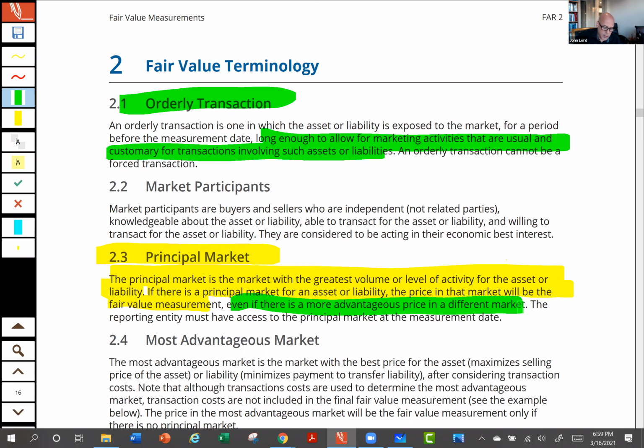So again, your principal market is the market in which you have the most activity, and you must have what? Access to that principal market. So just go ahead and flashcard all of that, guys. Principal market, the most activity. Even if there is a more advantageous market, you stick with your principal market where you have the most activity, but to use that principal market, you also have to have access to it.